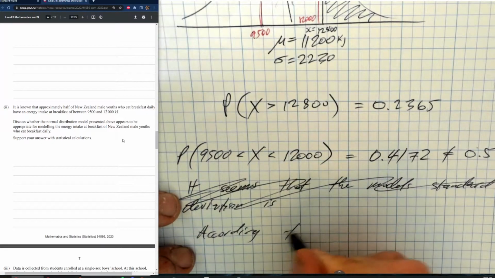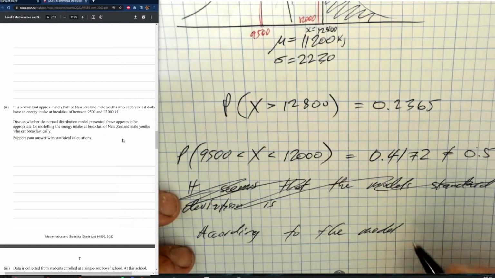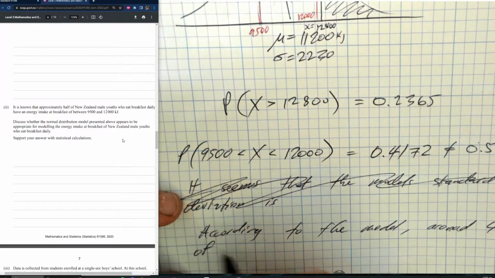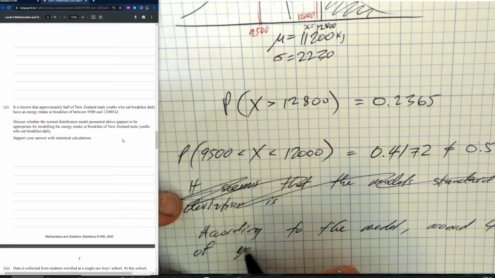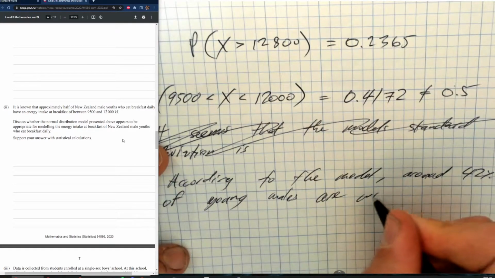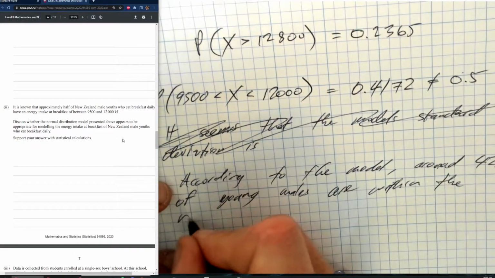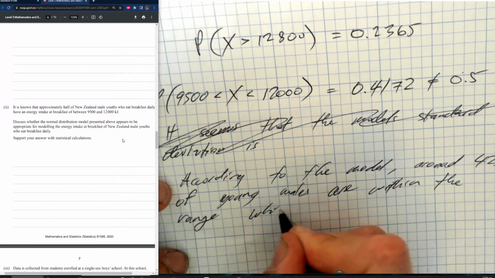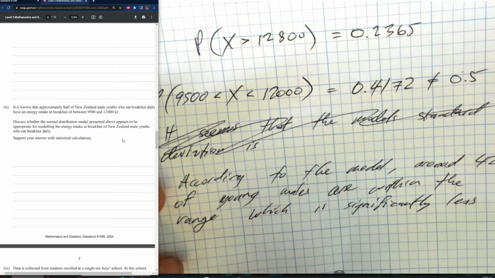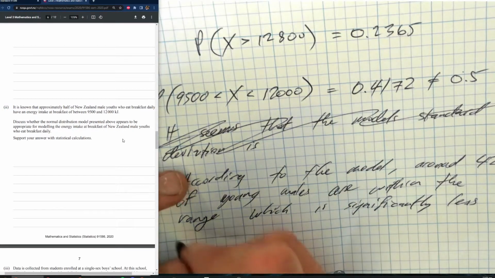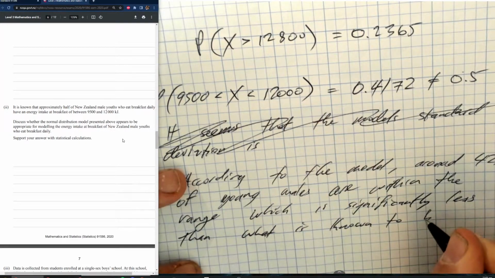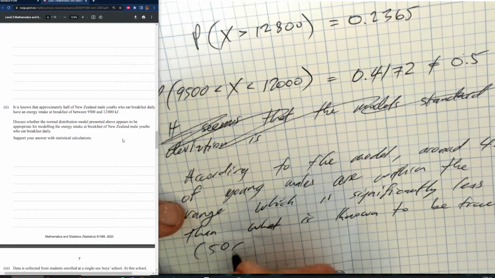According to the model, around 42% of young males, or whatever the word they use, are within the range, which is significantly less than what is known to be true, in brackets 50%.